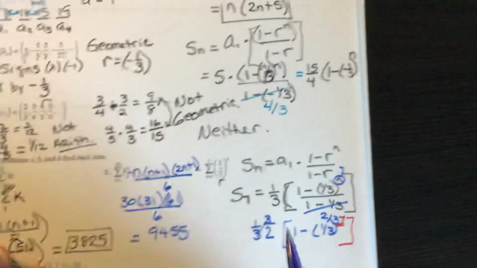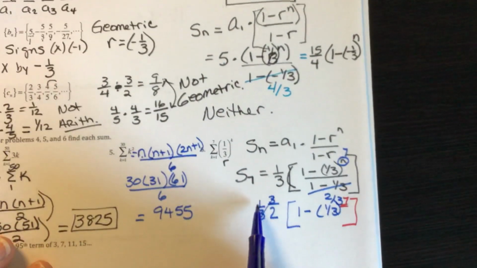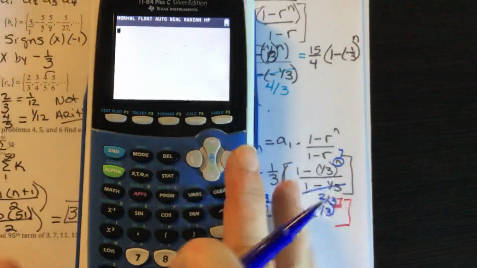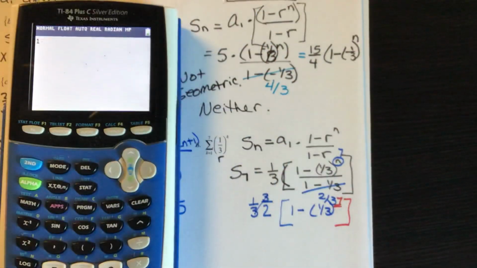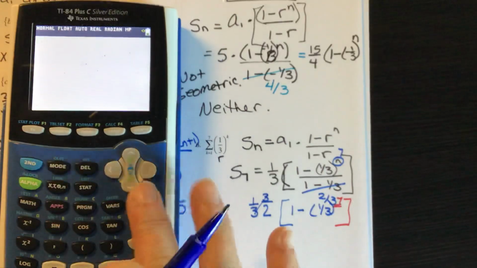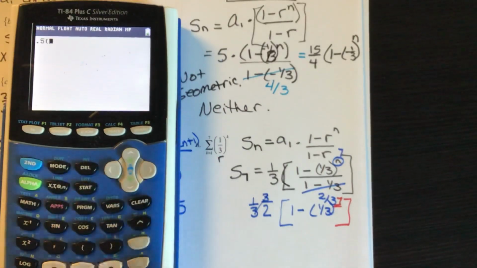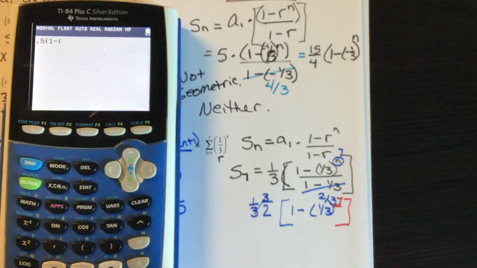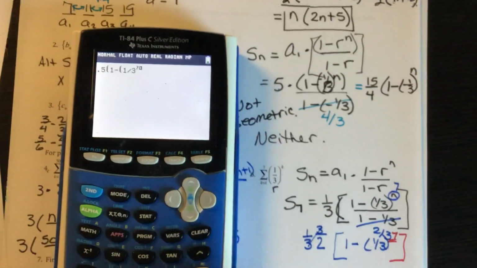So now on my calculator, I'm just going to put in 1/2, or I can do 0.5, times 1 minus, and then I have 1/3 to the 7th power. So in parentheses again, 1/3 to the 7th power.